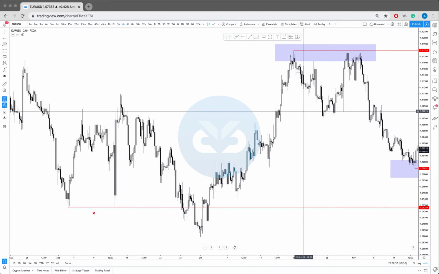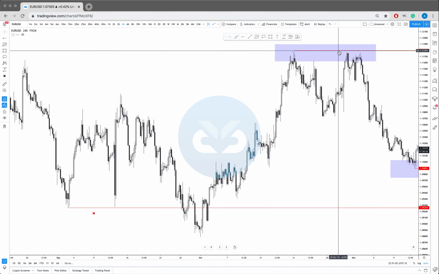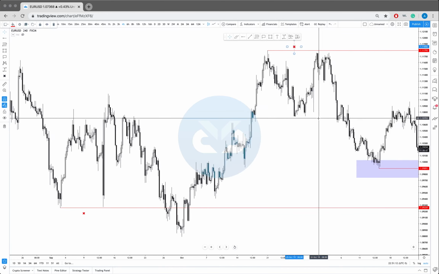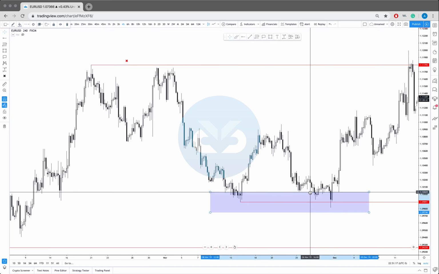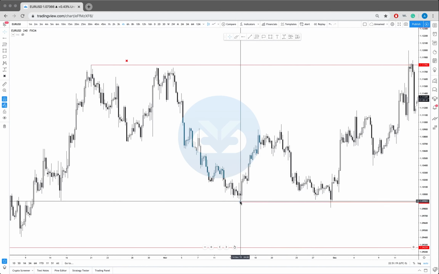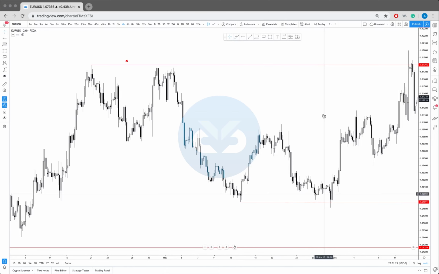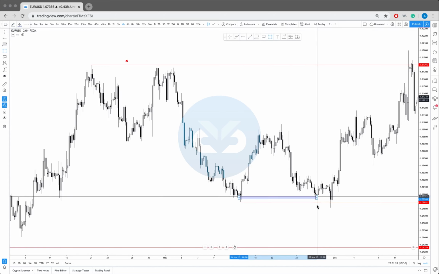As we can see here, these next two highs do not take out the previous high, so these are considered equal highs. Now let's look at this next step. Here, the first low, the second low respected that. It respected the fact that these are now equal lows. Let's highlight that real quick.